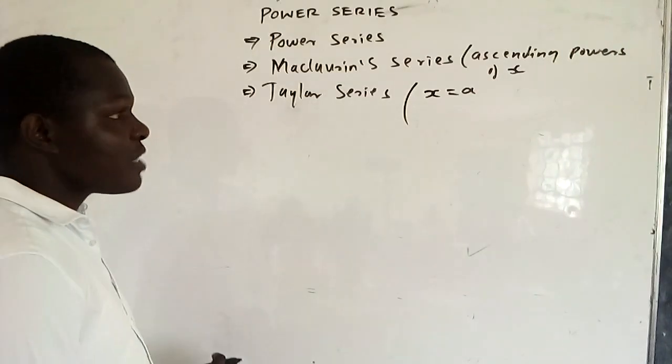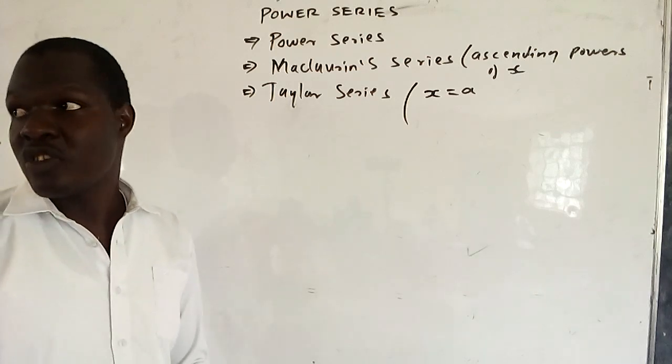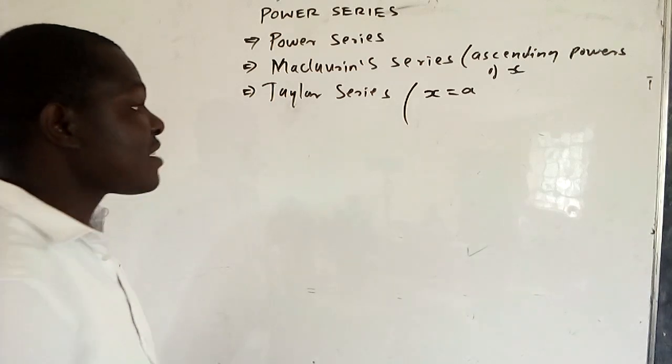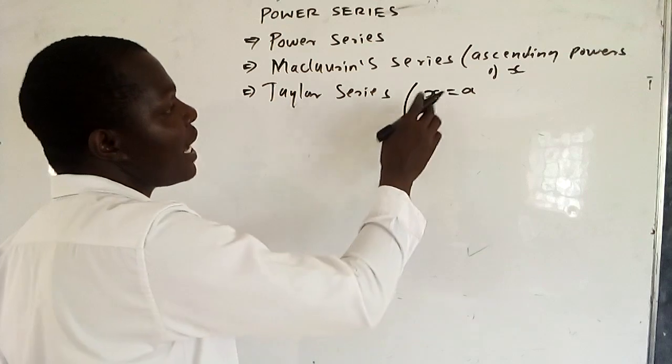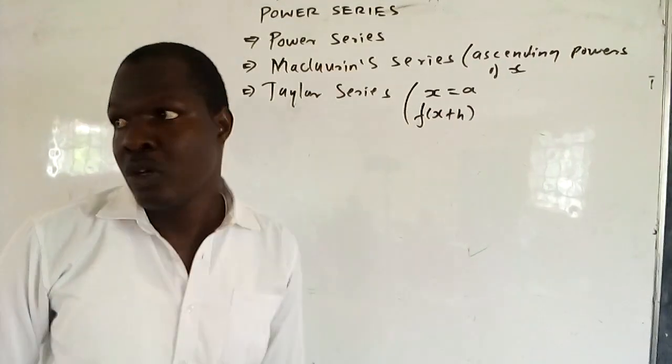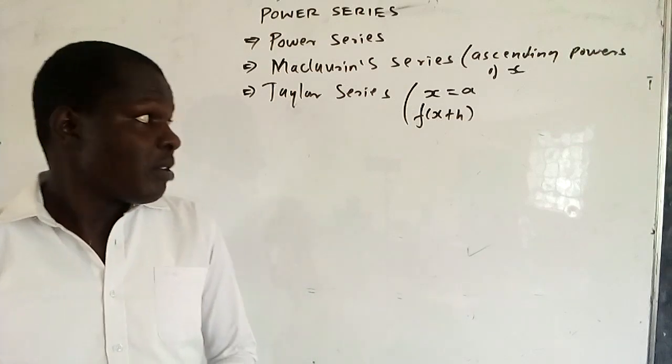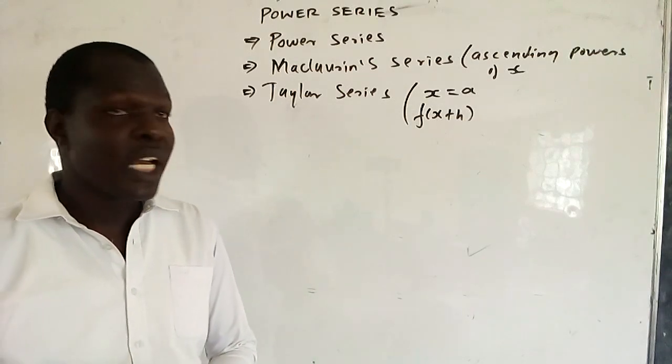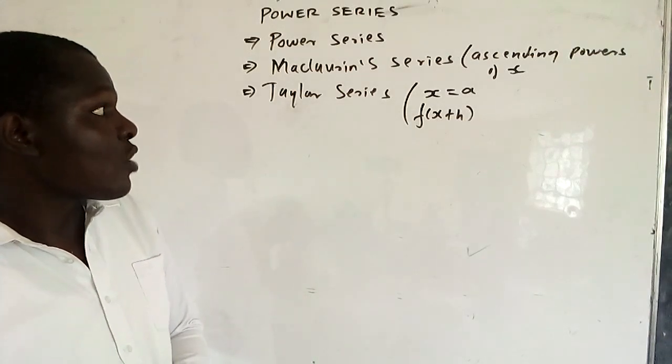Then, the same Taylor series can also expand in ascending powers of h. If you have a function f of x plus h, you can also perform such kind of expansion in Taylor series. We are going to see all that.